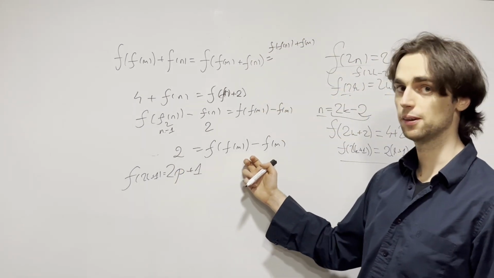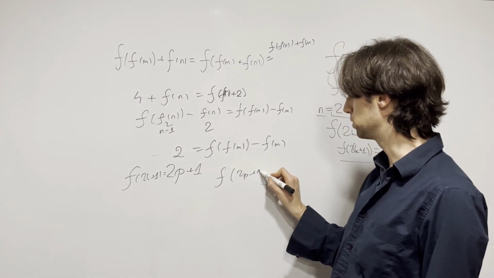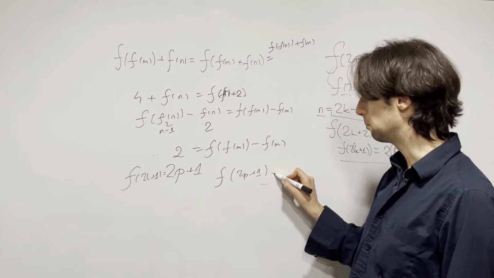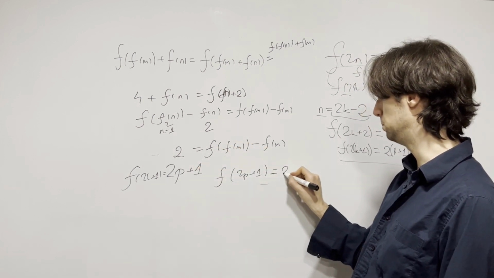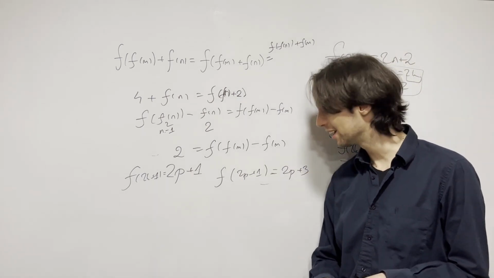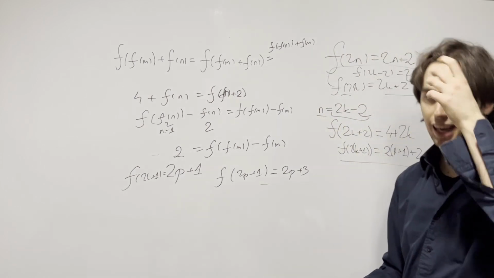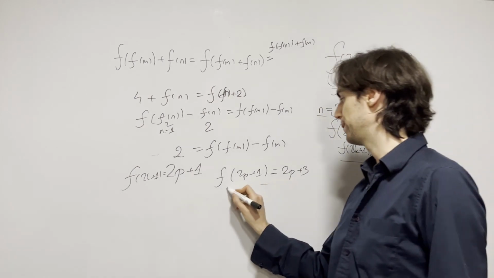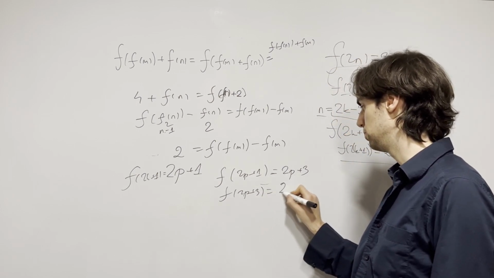What do we get from here? We get that f of 2p plus 1 minus 2p plus 1 is equal to 2. In other words, f of 2p plus 1 is equal to 2p plus 3. And then we plug in 2p plus 3 and we get the next number. So we have f of 2p plus 3 is then going to be equal to 2p plus 5.